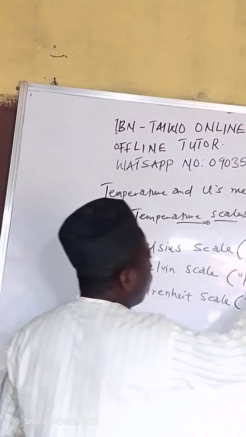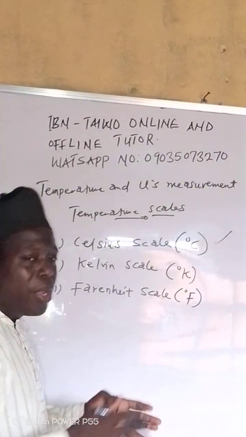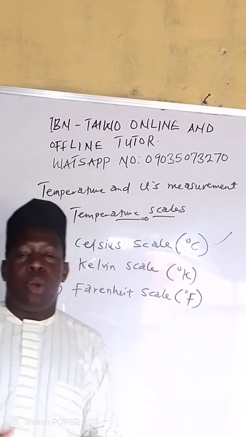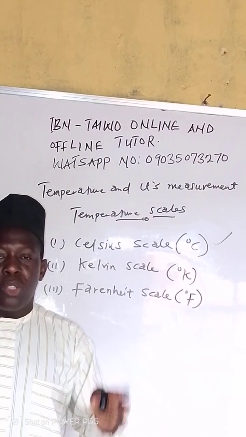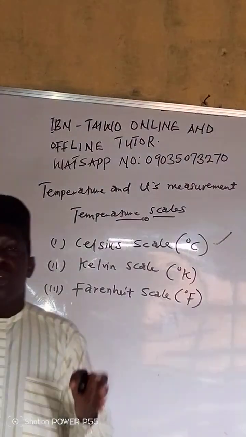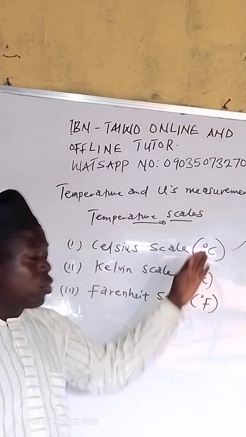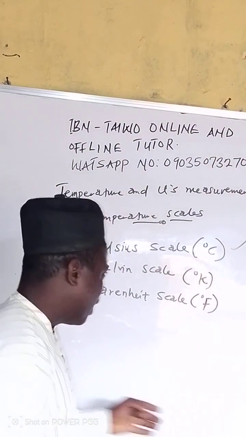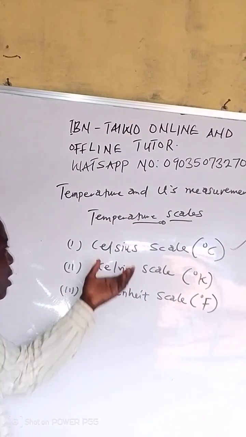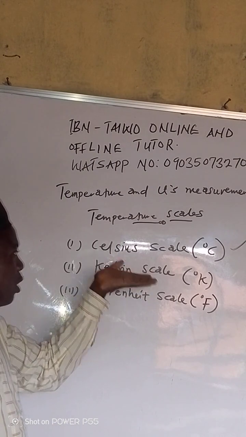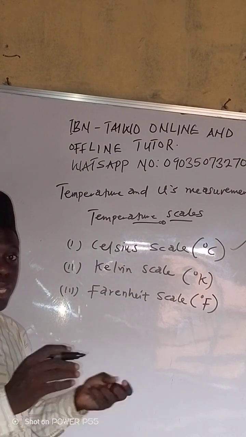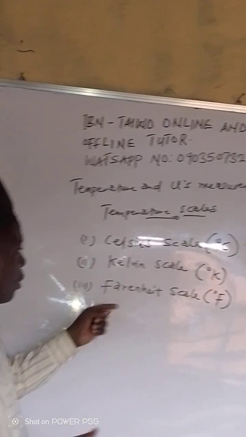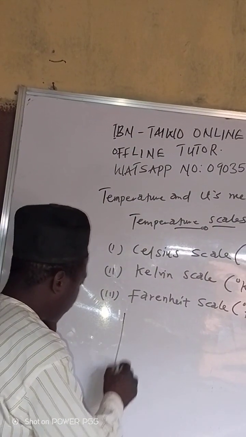For Celsius only, the upper point of the Celsius is also called steam, while the lower point of the Celsius is also called ice. Now let's represent each of these scales.